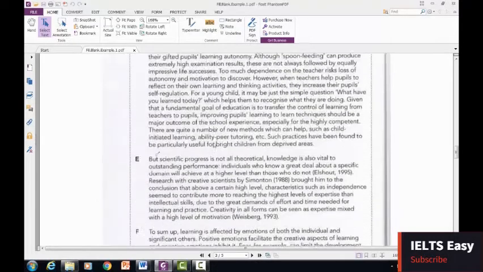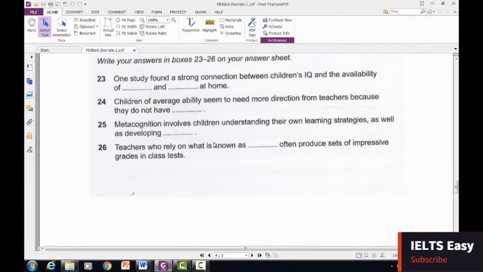So our answer for number 25 is: metacognition involves children understanding their own learning strategies as well as developing their emotional awareness. Now we know where number 23 is, and we know where number 25 is.